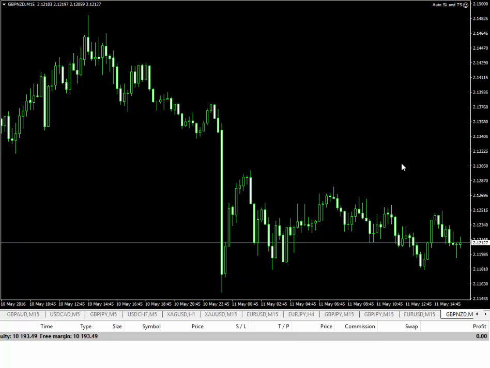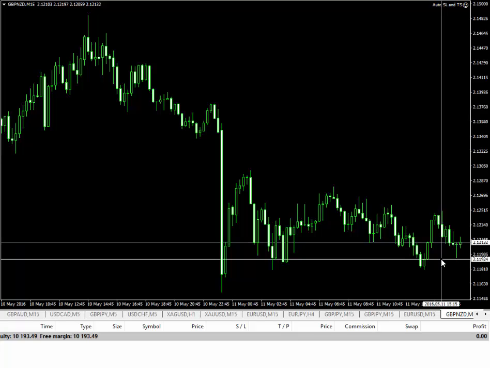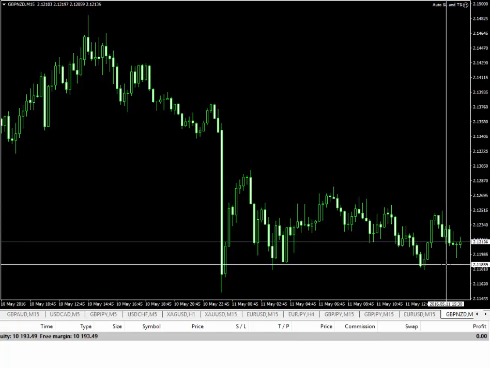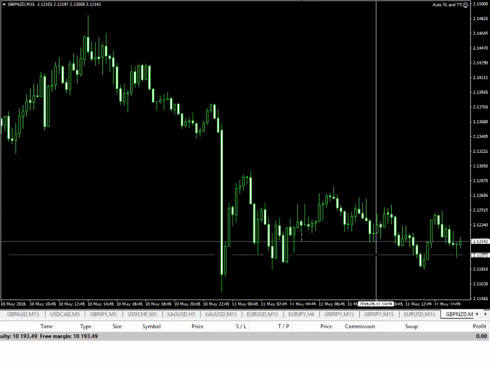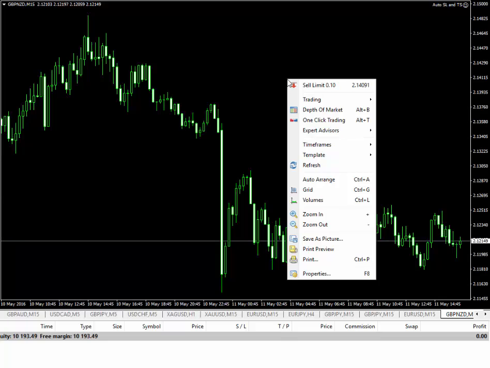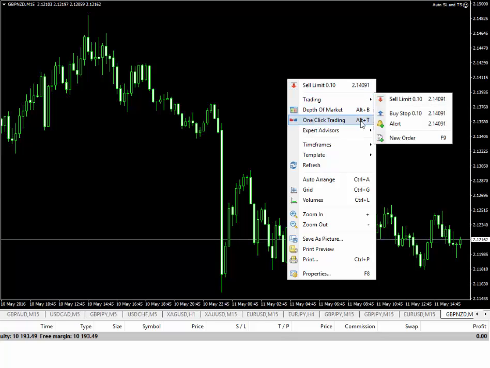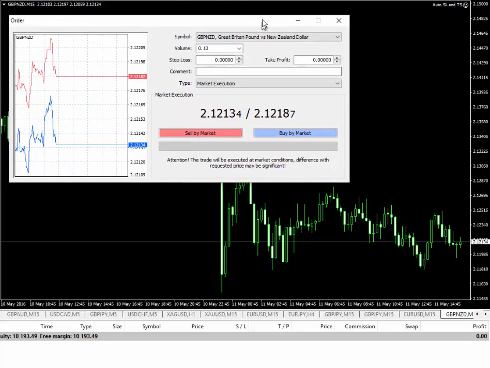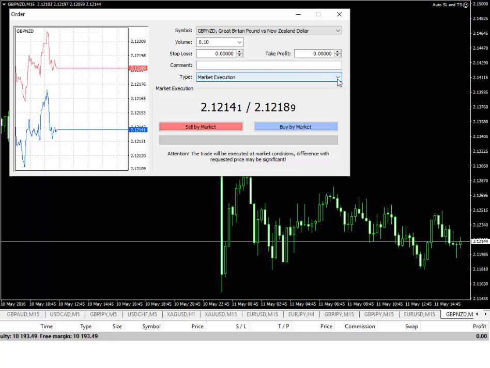So I will place the sell order. Since it's a pending order, I will go to trades, go to new order, and then I will place the pending order like here.